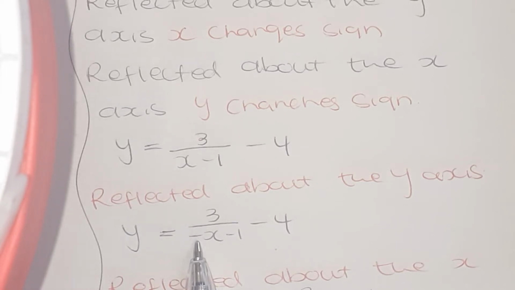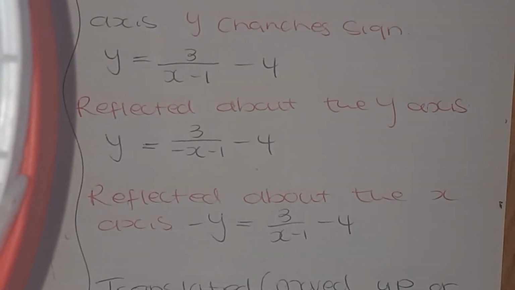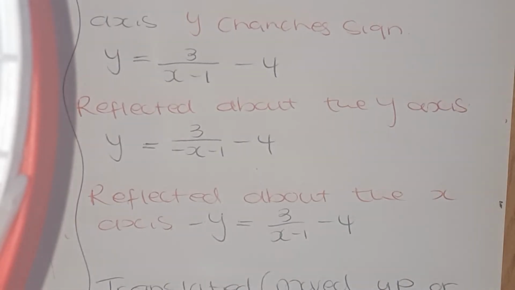You have reflected about the y. When you reflect about the x, you make y negative. I hope you understand that, guys. Very easy. You reflect about the y-axis, x is 0. You reflect about the x-axis, y becomes 0. As easy as that. You just rewrite the equation with either y negative or x negative.